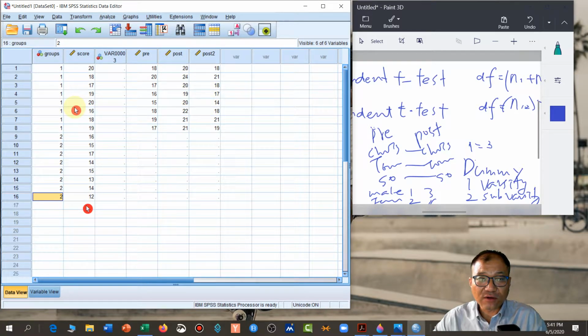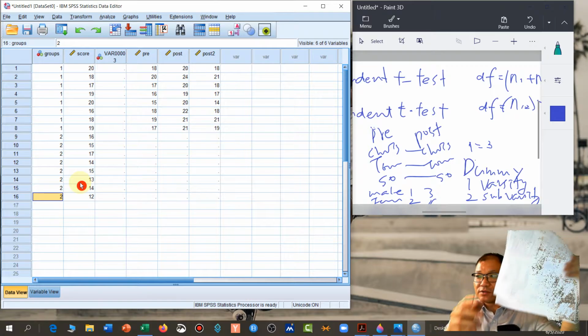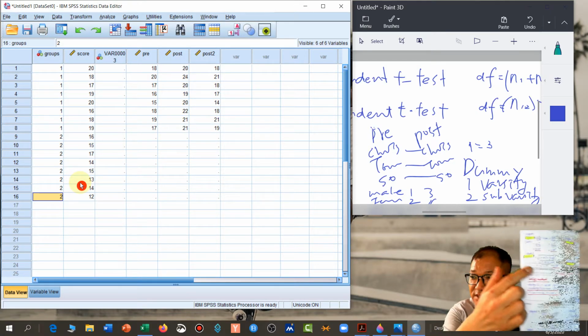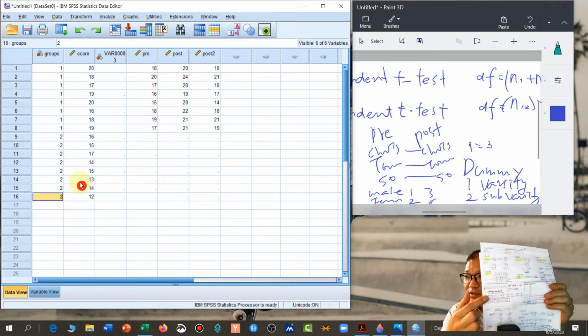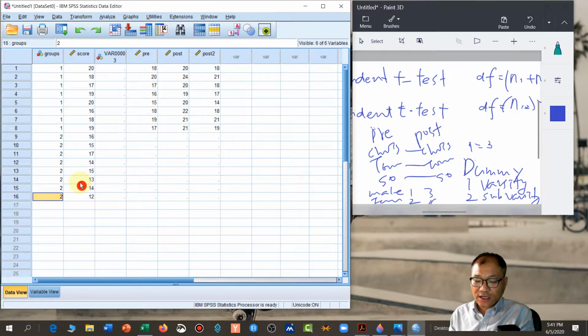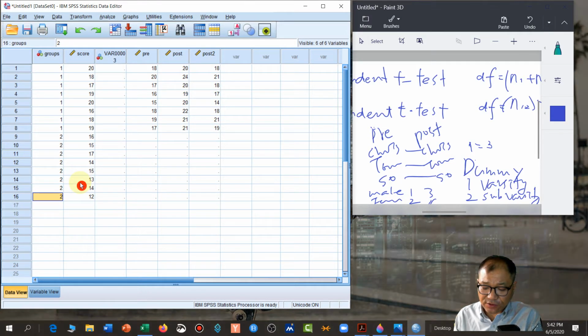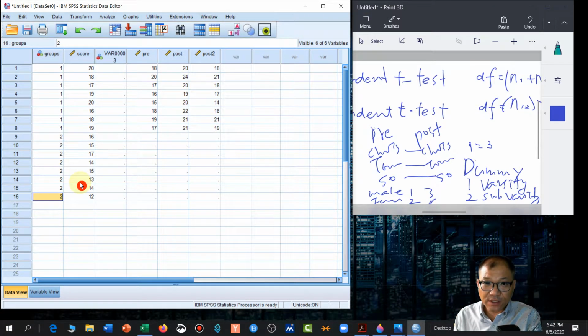In this case, I use 1 for varsity group and 2 for sub-varsity. Now I put all the numbers right there. I'm transferring this table in the middle section of the handout to SPSS.